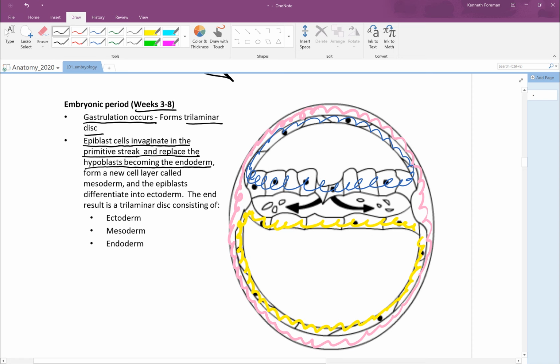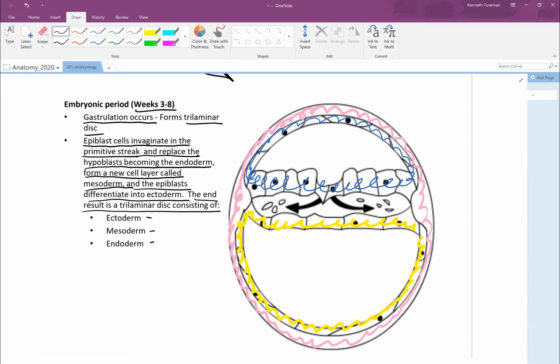So the hypoblasts actually get replaced by epiblasts. And this forms a new cell layer called mesoderm. And the epiblasts differentiate into ectoderm. The end result is a trilaminar disc consisting of ectoderm, mesoderm, and endoderm. And this will be where all of our tissues are derived from.